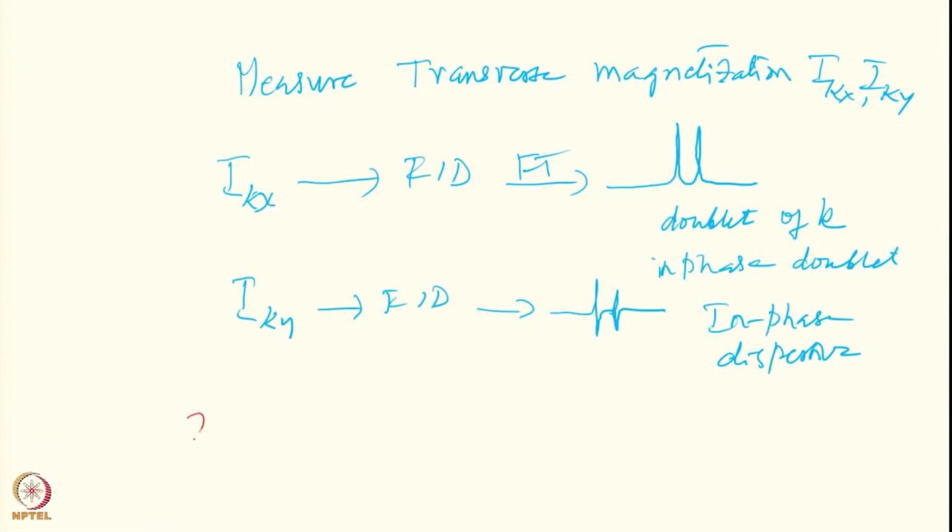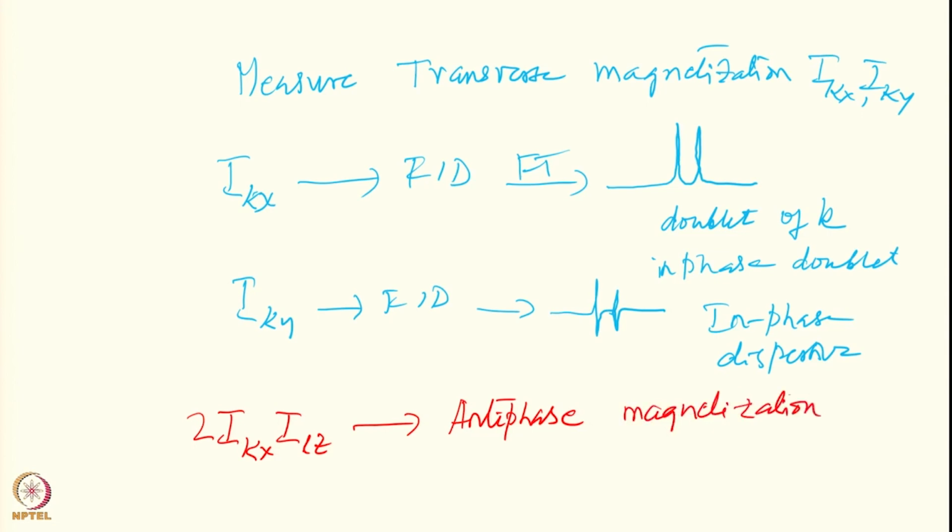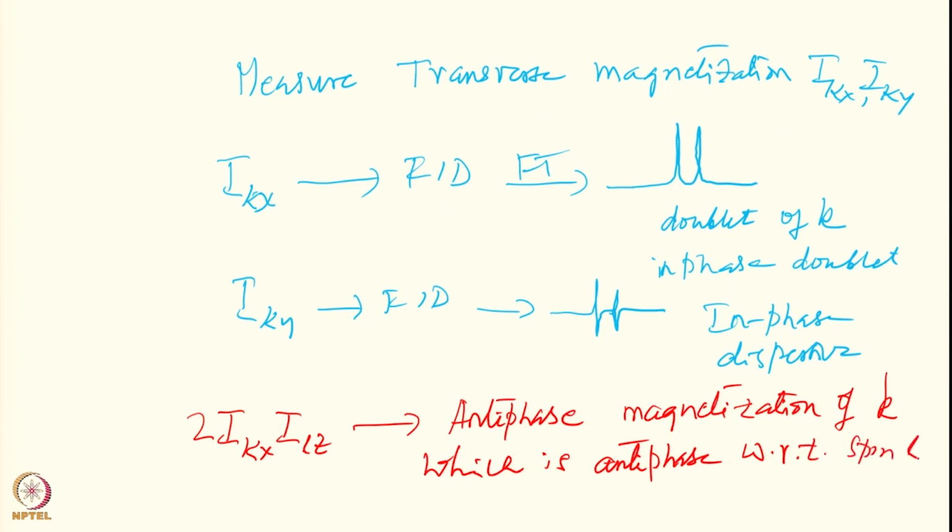We also will come across terms like this, 2 times IKX ILZ, and this is called antiphase magnetization of K, which is antiphase with respect to spin L. What does that mean?